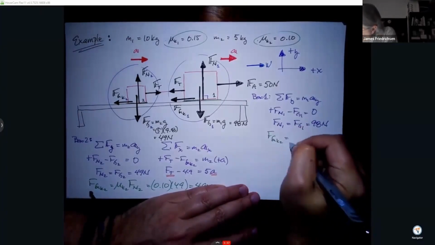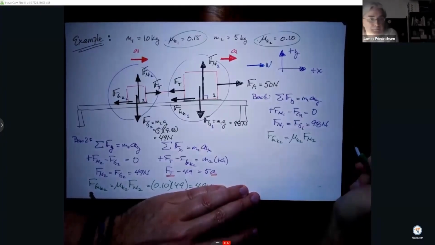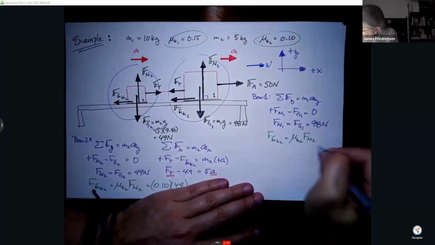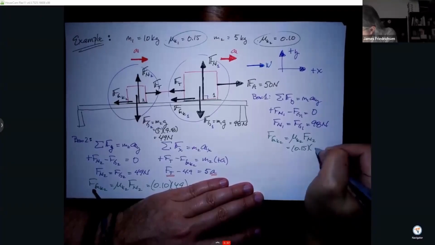Friction kinetic 1 is mu kinetic 1 times the magnitude of normal 1. This is going to be 0.15 times 98.